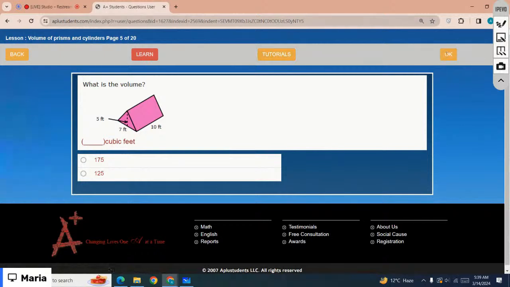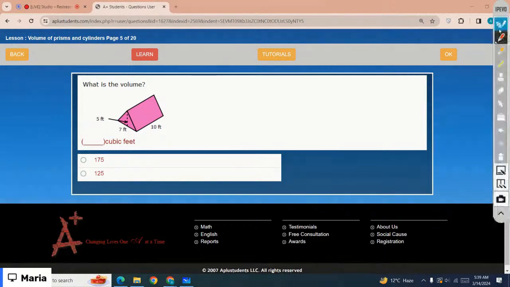The next one is, what is the volume? Volume is length times width times height.